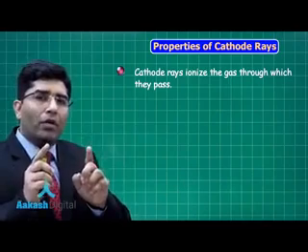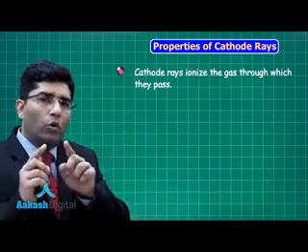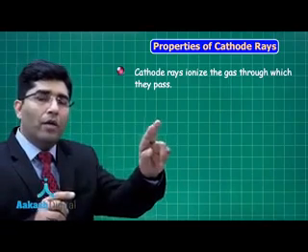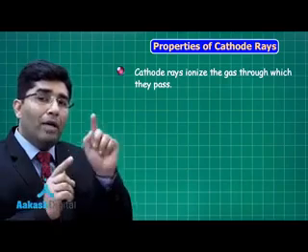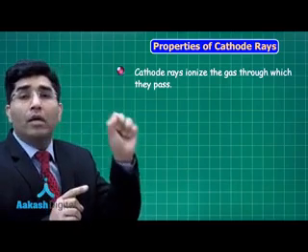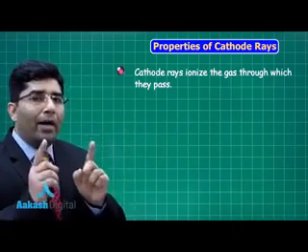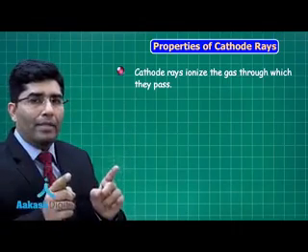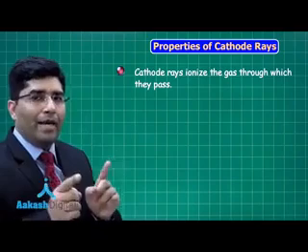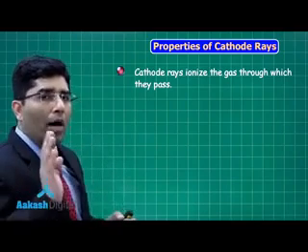So if electrons are originating from the cathode and moving towards the anode, they will definitely collide with the molecules of those gases, and after collision they will ionize those particles of that gas. Let me explain how it happens.